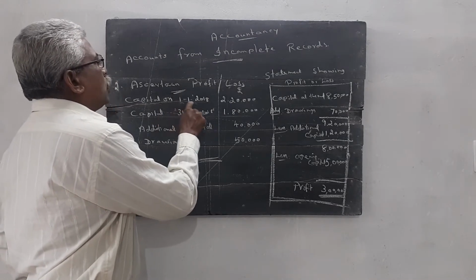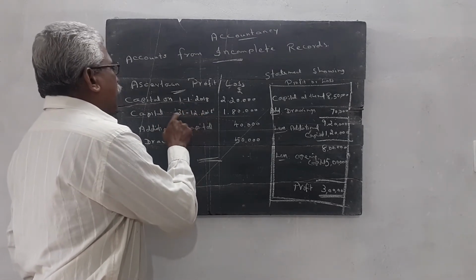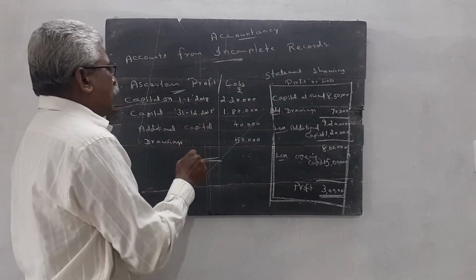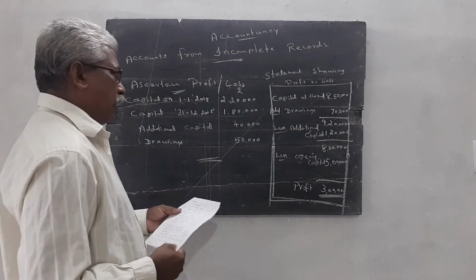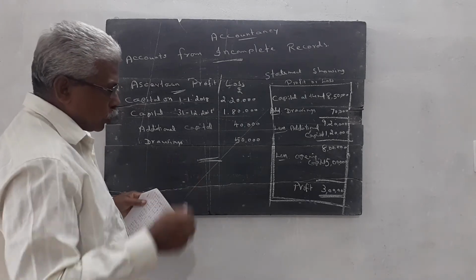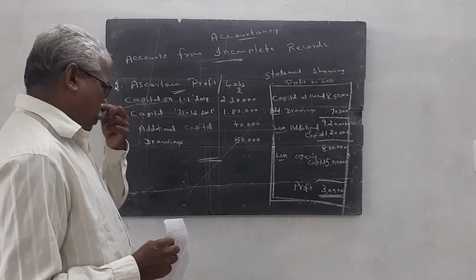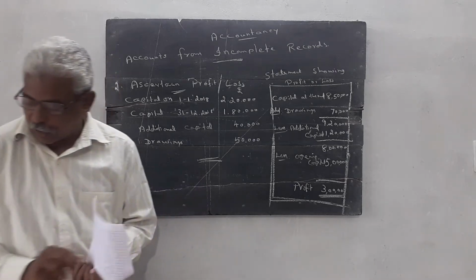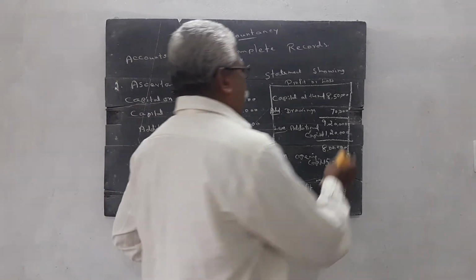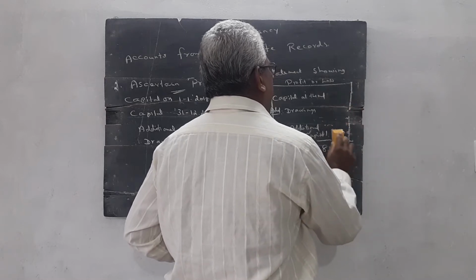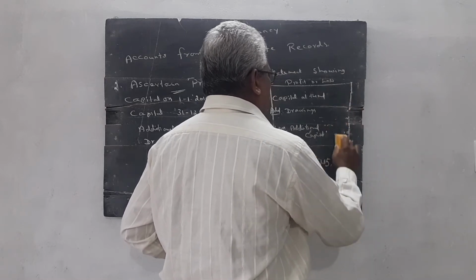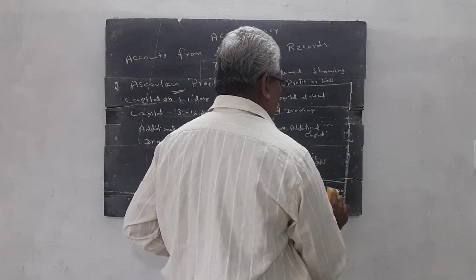Capital on 1/1/2018, capital on 31/12/2018. So the date is given. That is the only difference here. Then try to solve this question. Here also the same formula is applicable. Remaining things are same. Whatever given in the question, the same formula. So try to memorize this formula.